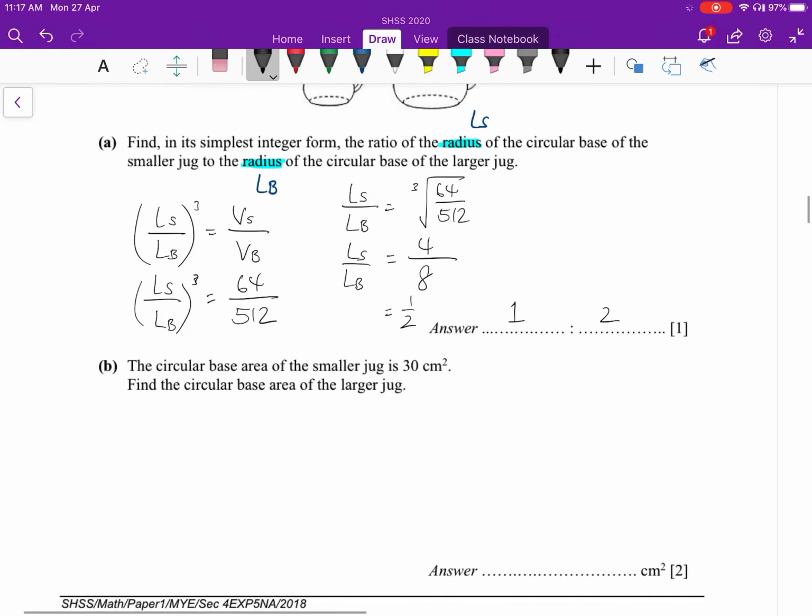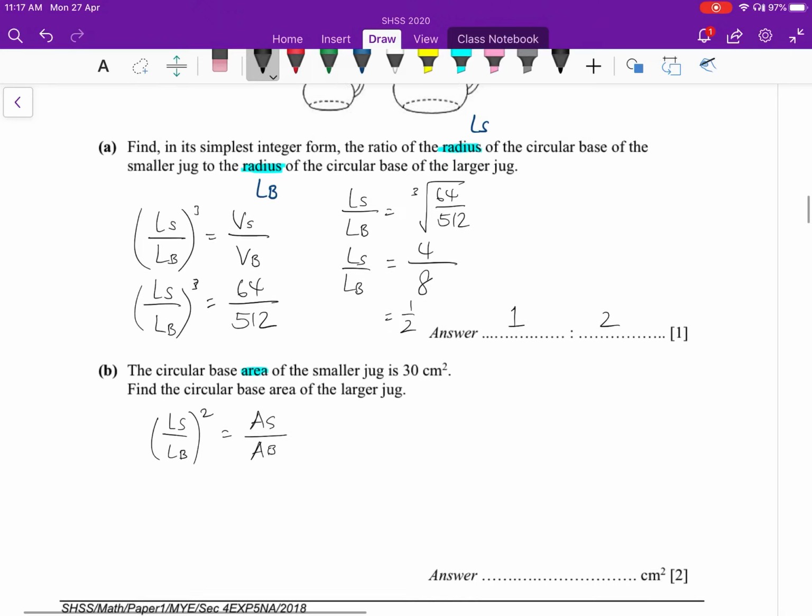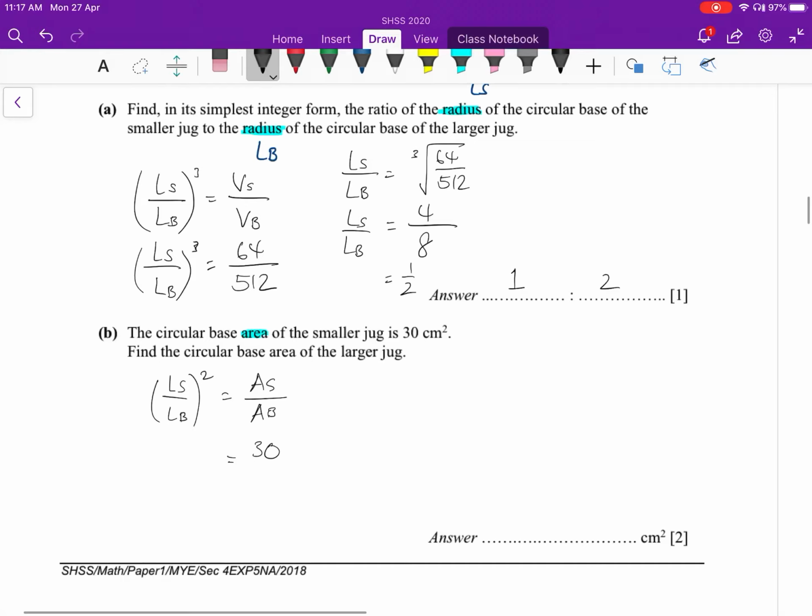Now, they say the circular base area of the smaller jug is 30. So we are talking about the area. So let's come up with the area formula. Length of small over length of big, the whole thing squared, is equal to area of small over area of big. They say the area of the smaller jug is 30. Find the area of the larger jug.